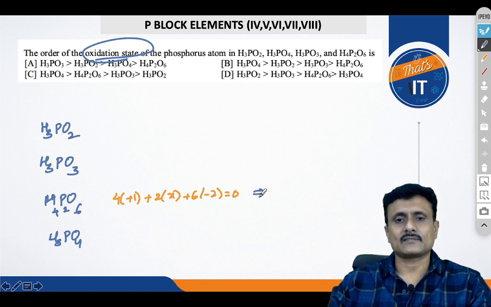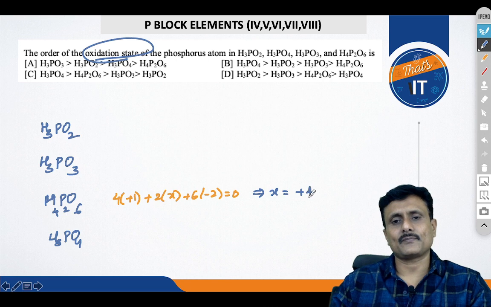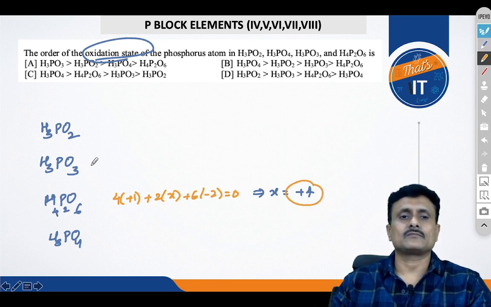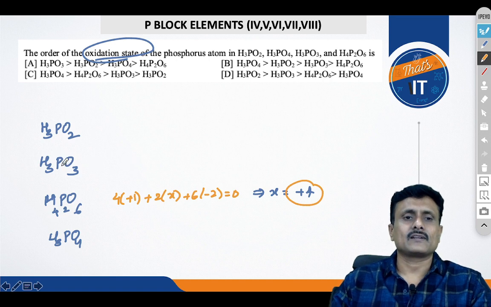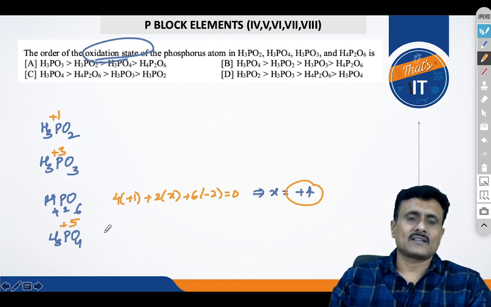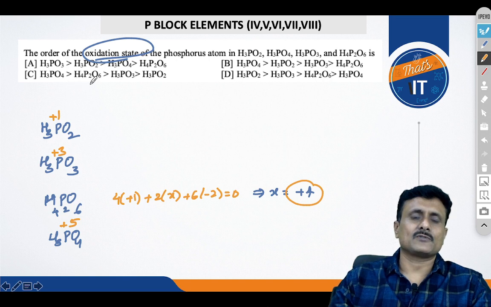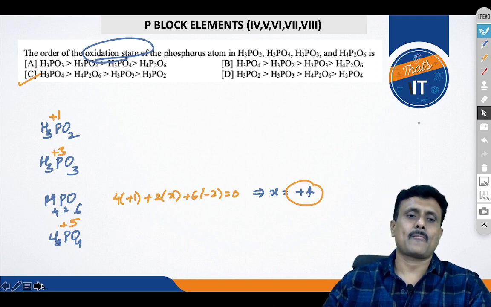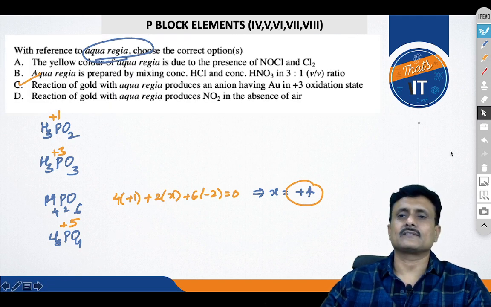This implies x is giving rise to what? +4. So the oxidation state of phosphorus here is +4. You can see here +3, this is +1 and this is +5. Therefore, the right answer is H3PO4 greater than H4P2O6, H3PO3 and H3PO2, that is option C. Some questions are easy, isn't it?